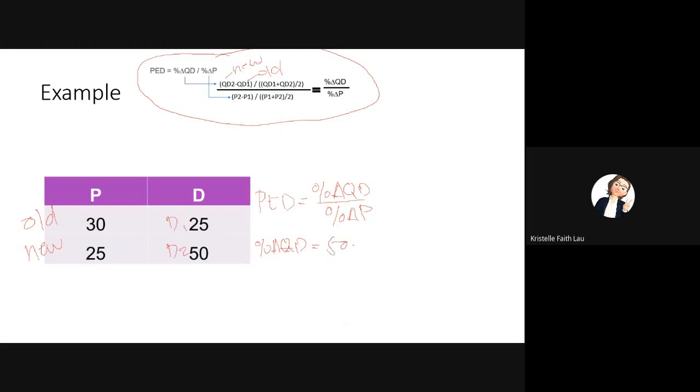So, 50 minus 25, divided by 25 plus 50, divided by 2. Wait a moment, let me write it larger. Divided by 2 equals. Then, for the price, P1 and P2.